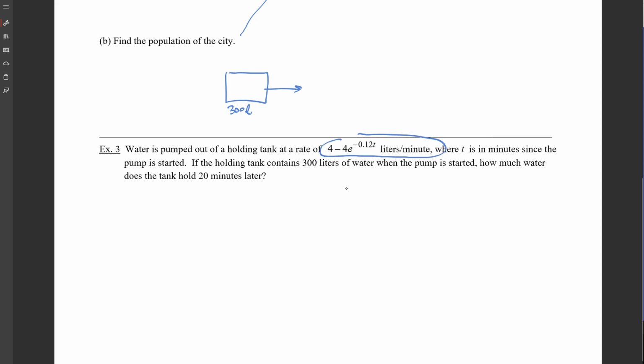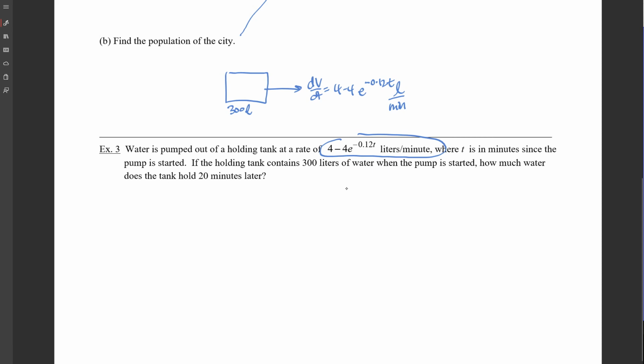So I'll just call that dV/dt, and that's 4 minus 4e^(-0.12t) liters per minute. And so what do I have to do if I want to get liters, right? I want to get the amount of water 20 minutes later.